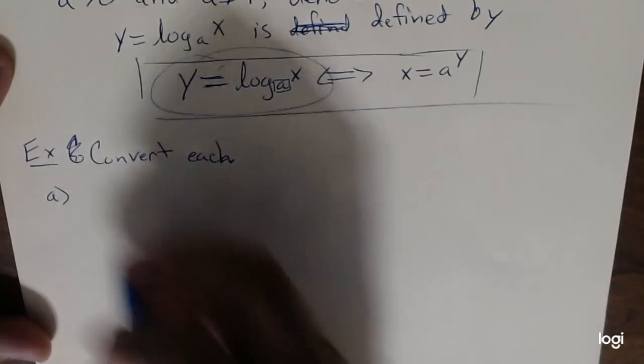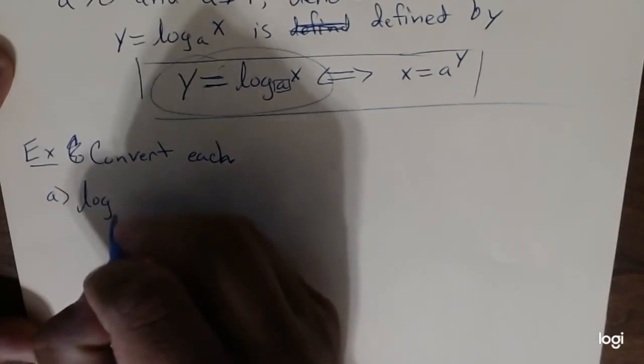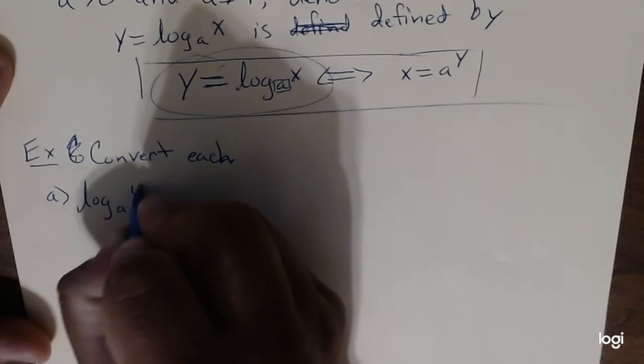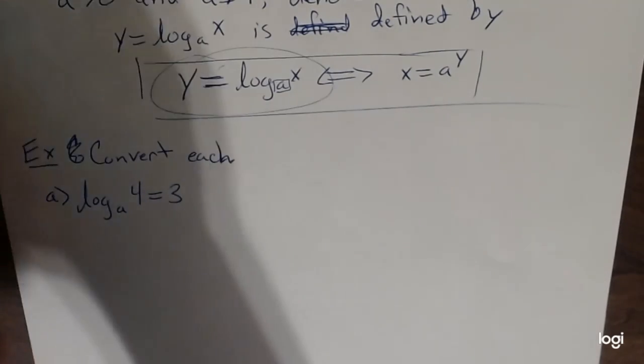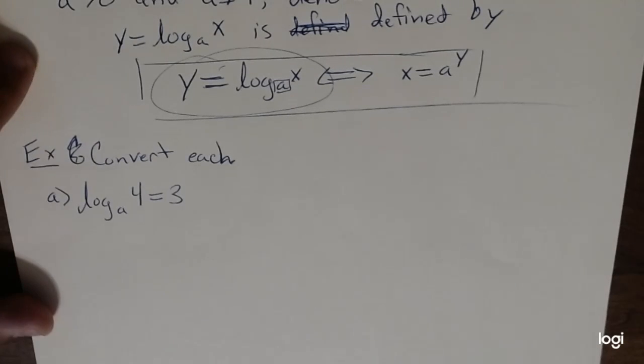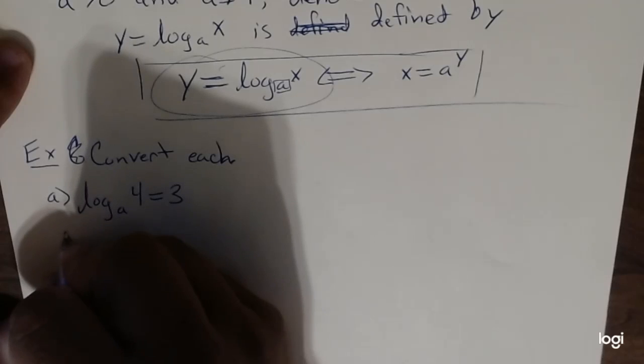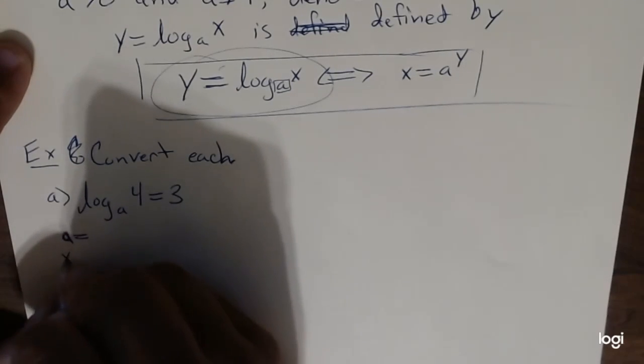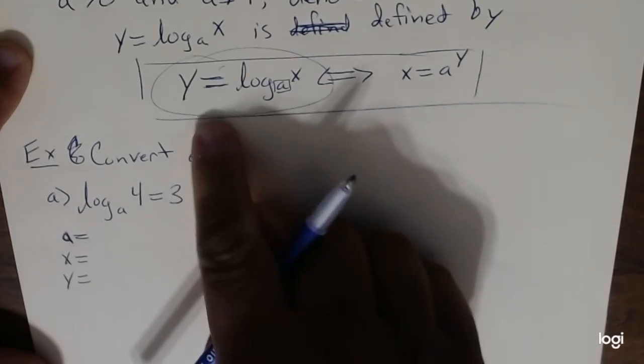So let's convert, let's say, log base a of 4 equals 3. The best way I remember what goes where is I always write what exactly each number or letter represents in our equation.